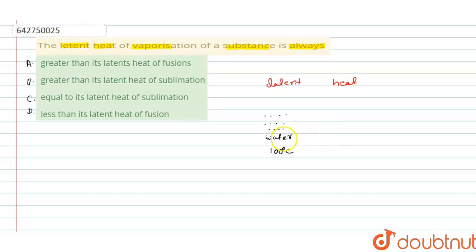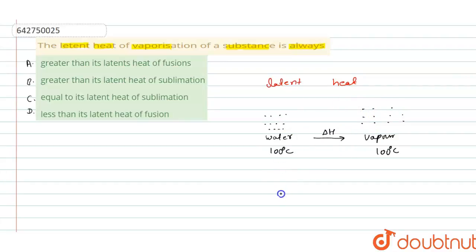At 100 degrees centigrade, water can convert into steam, or we can say vapor, when it gets sufficient heat, and that heat we call latent heat. This is also at 100 degrees centigrade, where temperature remains constant but the phase is changing. In this case, the water molecules will be far apart as compared to water.